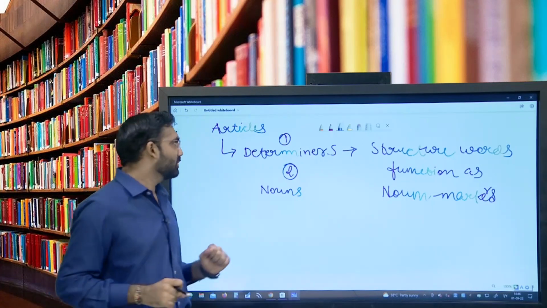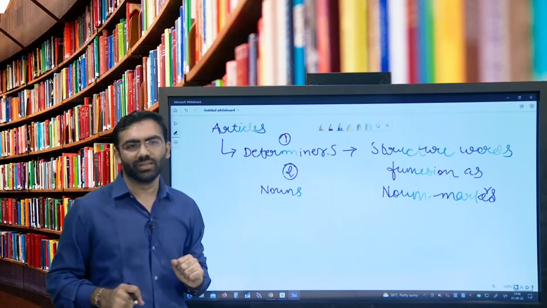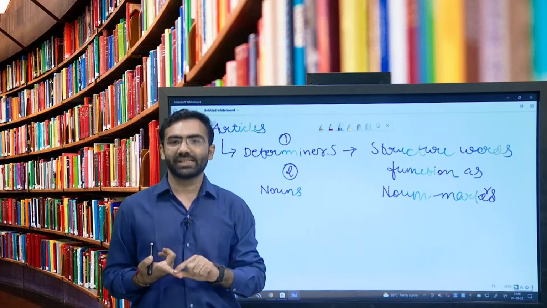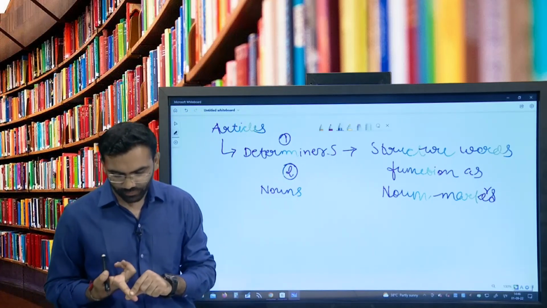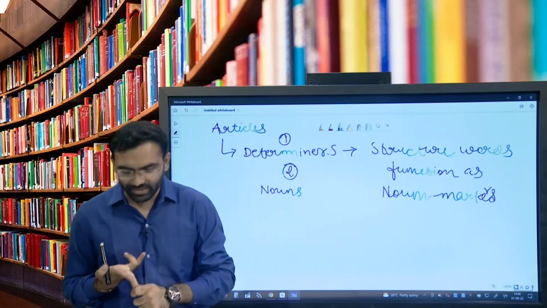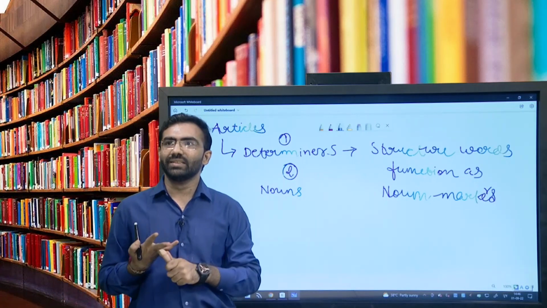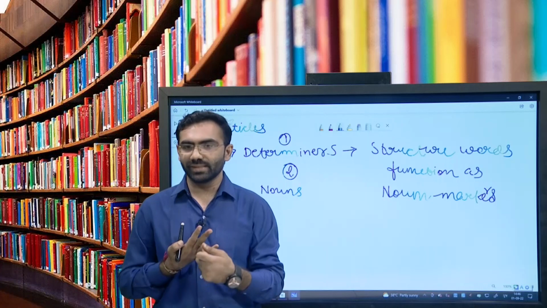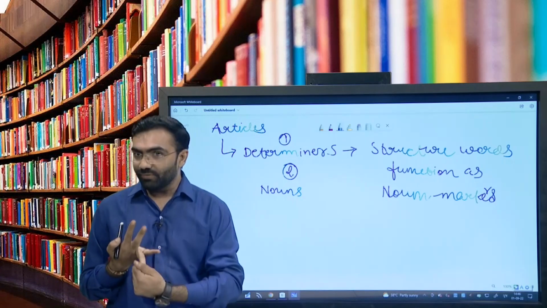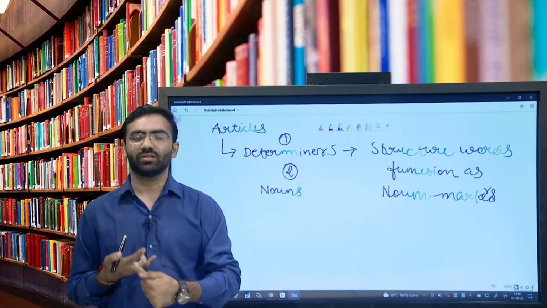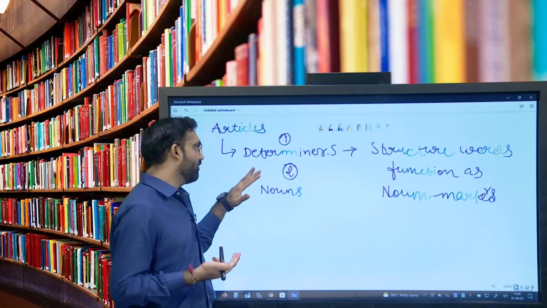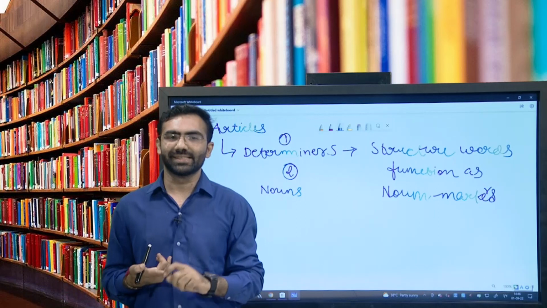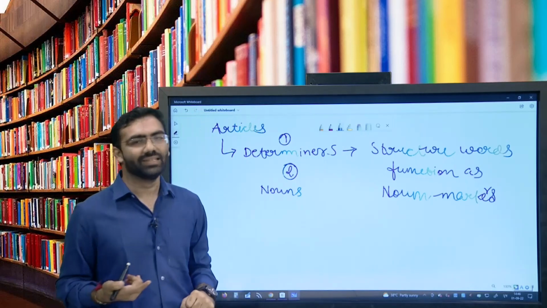Now, there are various types of determiners such as articles, possessive pronouns, demonstrative adjectives, cardinal and ordinal numerals, and words such as every, few, each. But today we are going to focus on one of the determiners, which is known as articles.